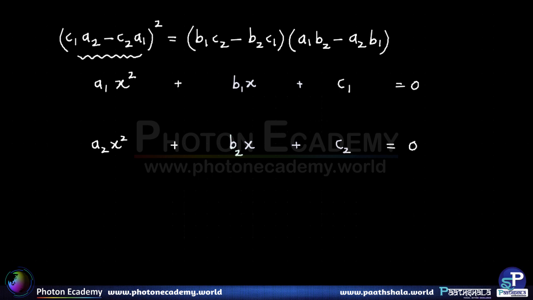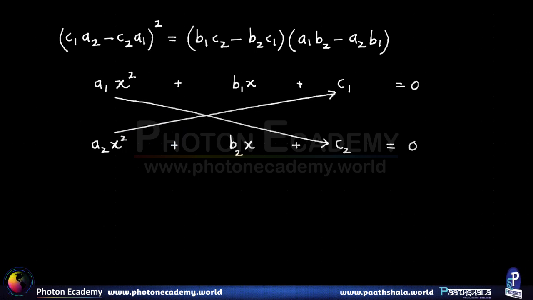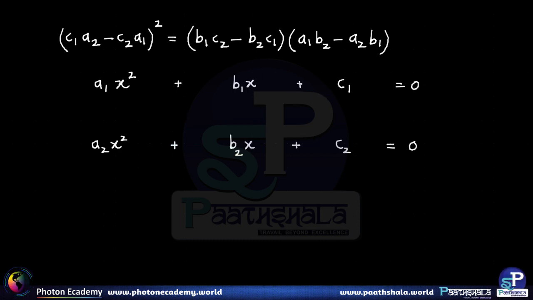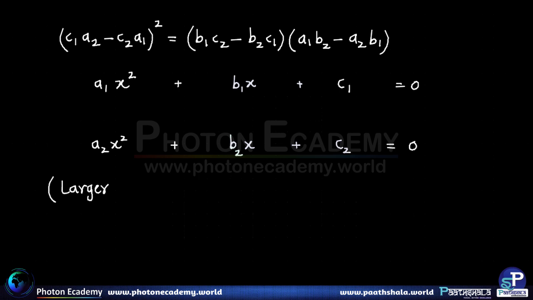So c1a2 is nothing but this particular product, and c2a1. You can call it the bigger or the larger cross product. So the left hand side is nothing but the square of the larger cross product.